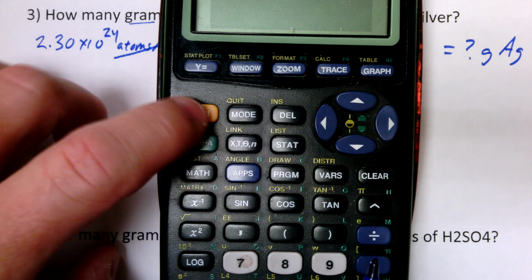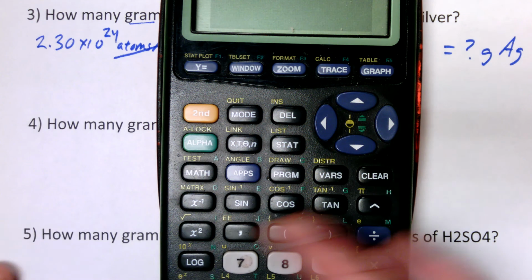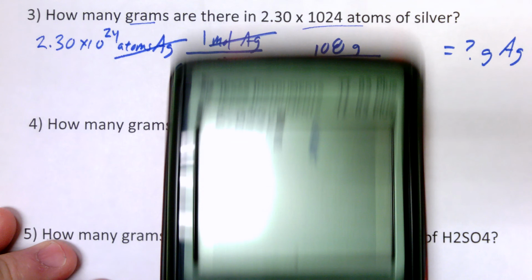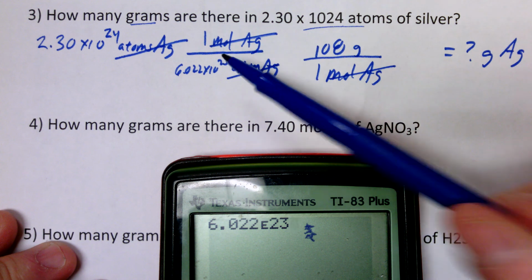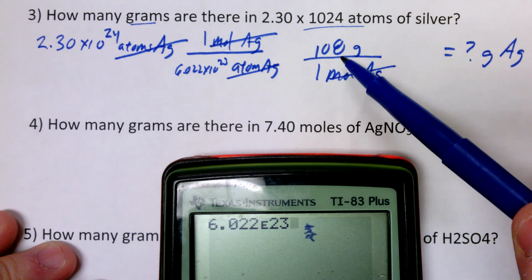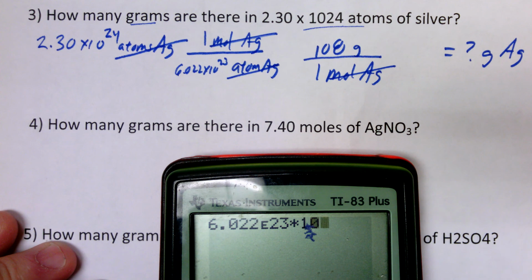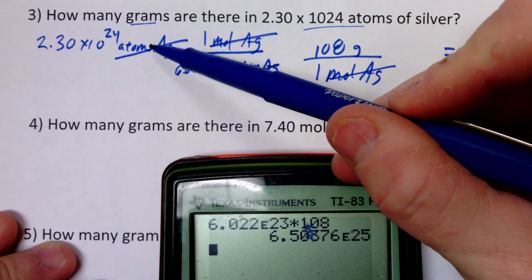Now, it's gold, so I got to do the second double E. And that's what it'll look like. That means when you see that little E on it, that means times 10. Well, times 10 to the what power? 23rd. Okay. But I need to multiply that by 108. So that's what I get across the top. Oh, I did that wrong. I put in the wrong number there.